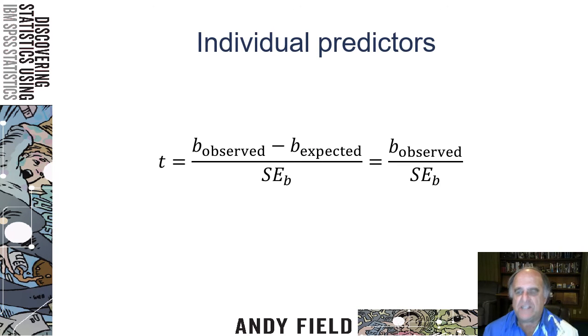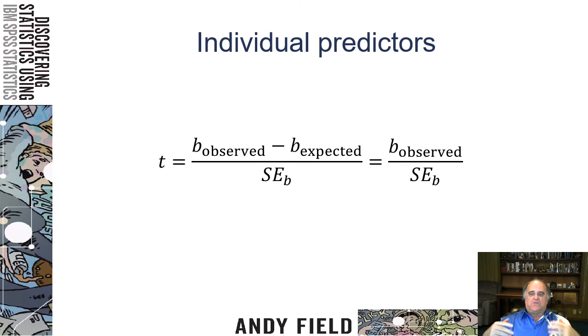We can also determine whether individual B's are significant. We use a t-test. The t-test to determine whether an individual beta weight is significant is simply B observed minus B expected over the standard error of B. Of course, we know that in most cases, unless we're getting really fancy, B expected is going to be 0.